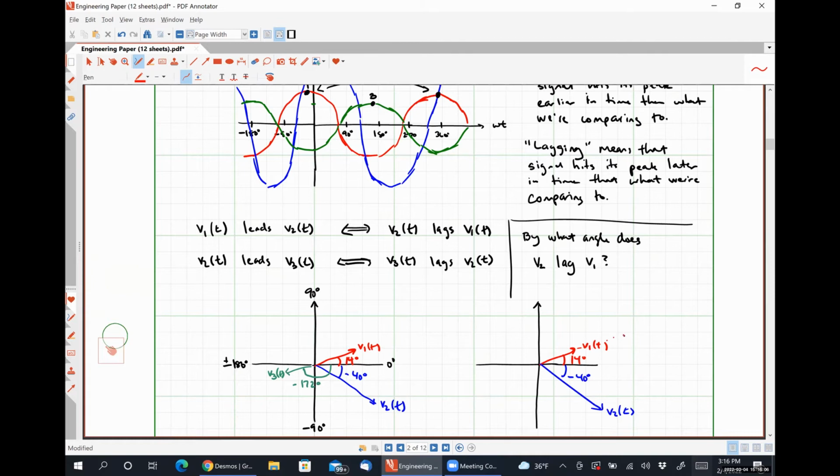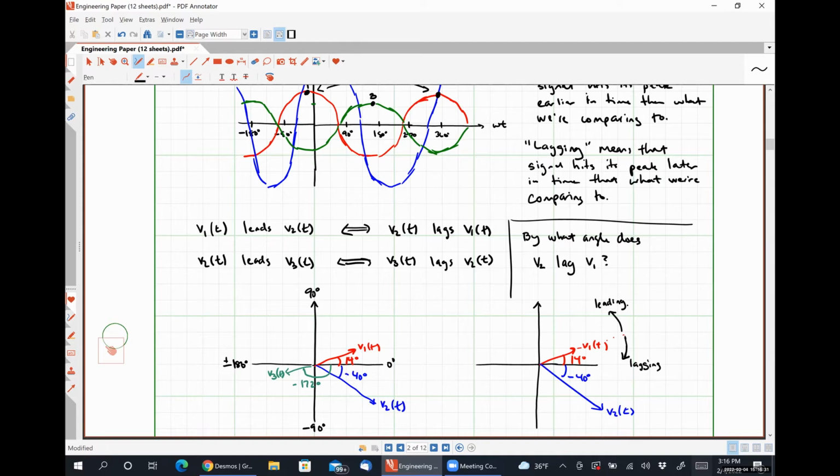What I do is start measuring from V1. I'm going to measure in this direction for lagging, and this direction for leading.